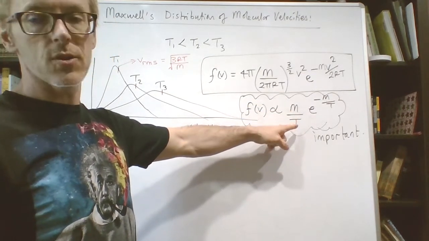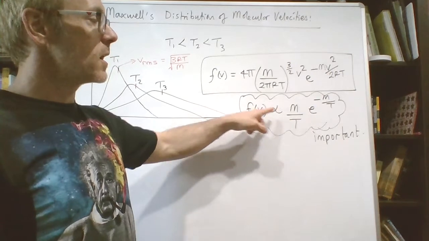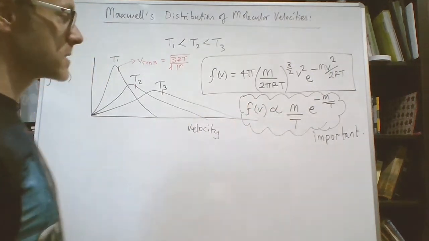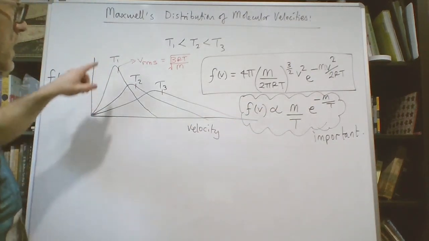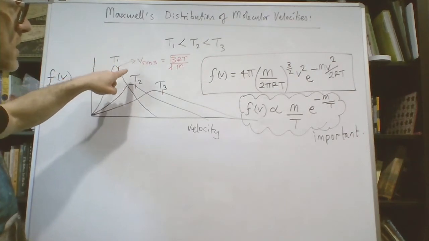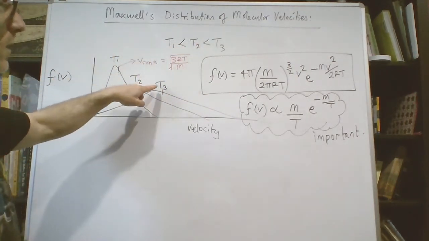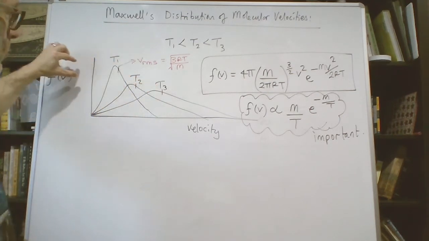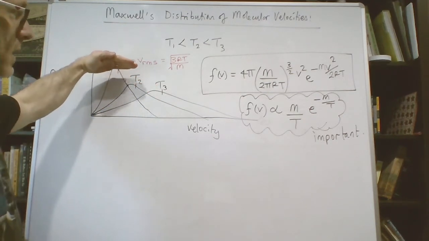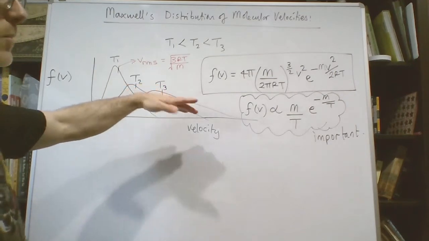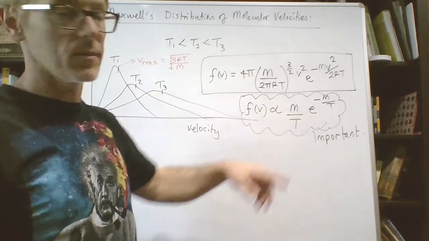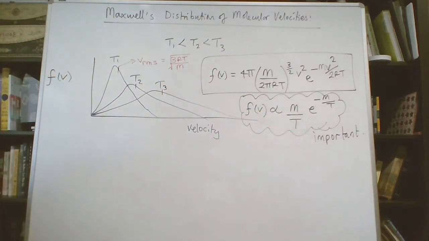So as the temperature increases, the function should decrease because there's an inverse relationship there. So as the temperature increases from T1 to T2 to T3, the height registered by this function gets smaller and smaller and smaller. And that's this relationship here between the function and temperature.